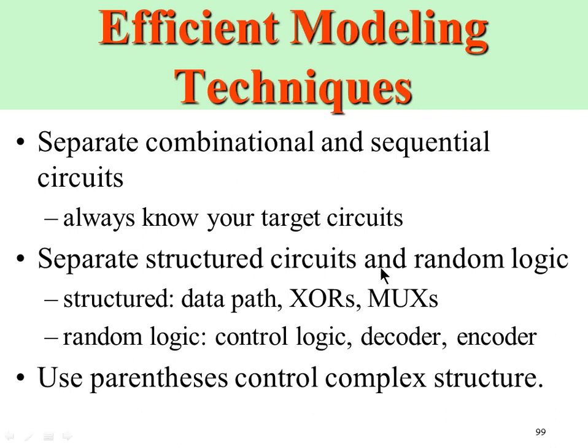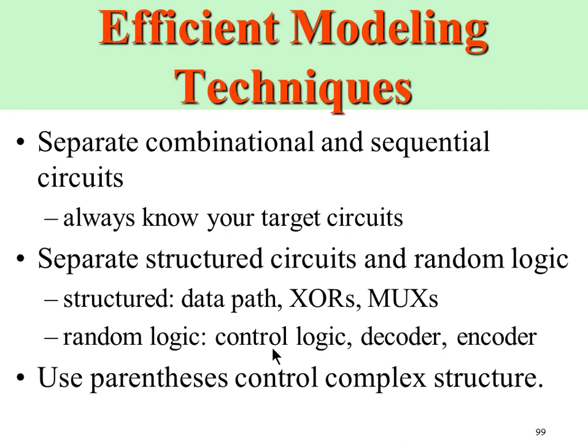Separate the structured circuit and random logic. A structured circuit will have data paths, or what we call data path modeling. Then the random logic will be control logic for the design. Any continuous assign statements will give you data paths.